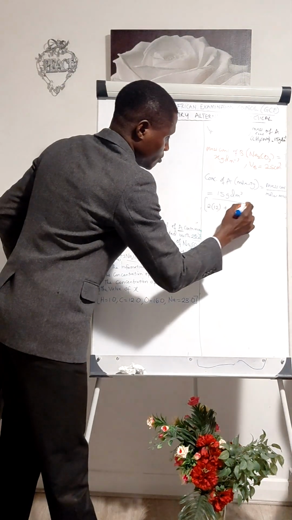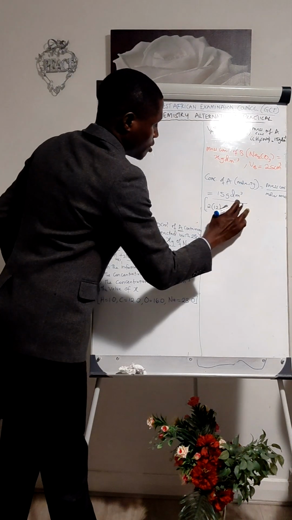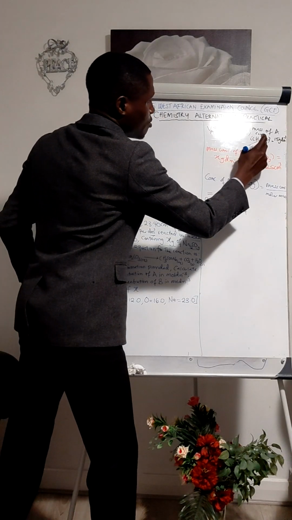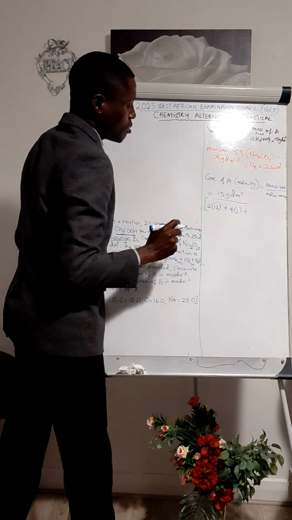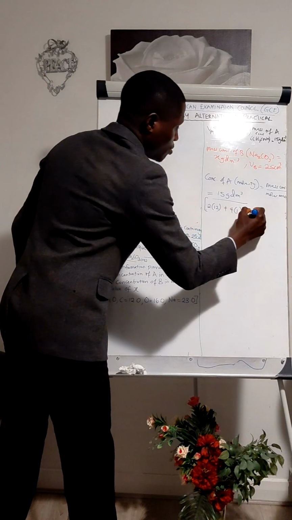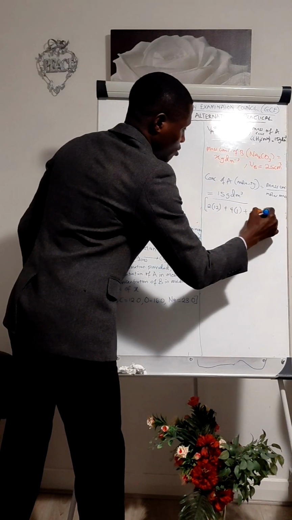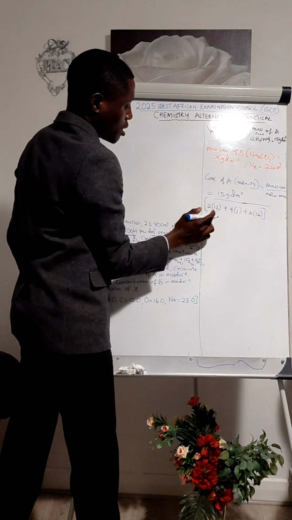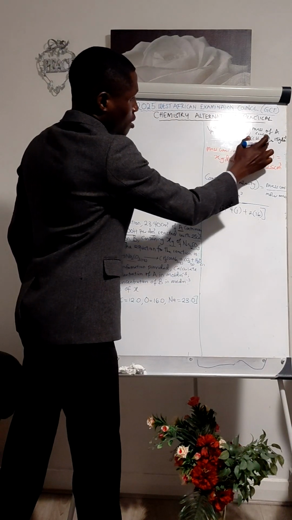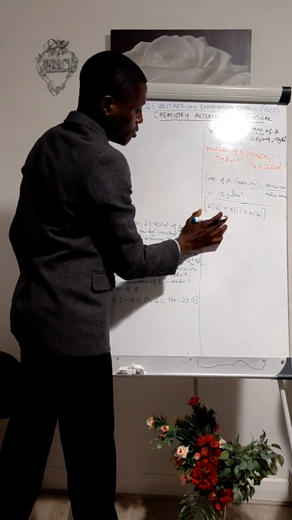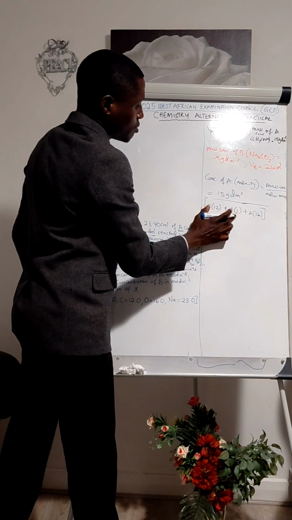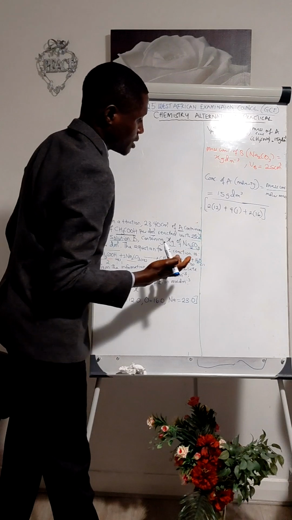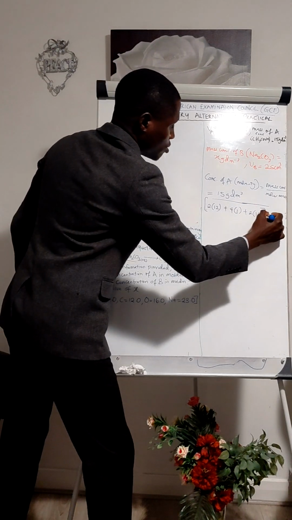Plus, how many oxygen do we have here? 2, so 2 into bracket 16, the atomic mass of oxygen. So this is going to be gram per mole.